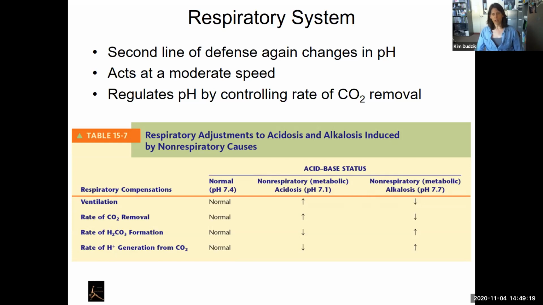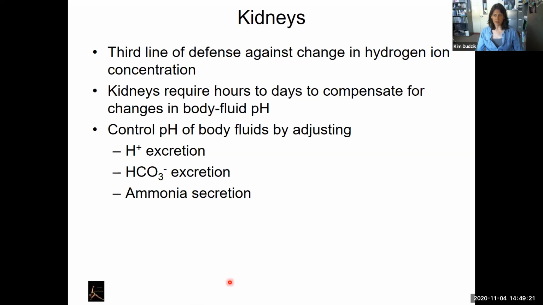So the third line of defense is the kidneys. The kidneys can defend against a change of ion concentration as well by excreting hydrogen out of the blood. We have the ability down at the distal tubule to secrete hydrogen from the blood into the distal tubule, which will then go into the urine and get excreted out of the body.